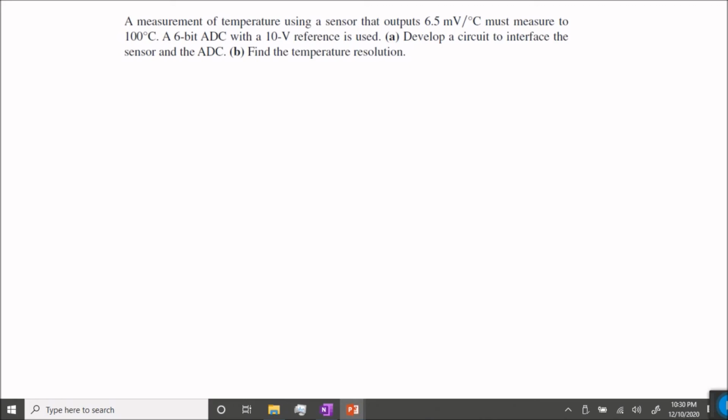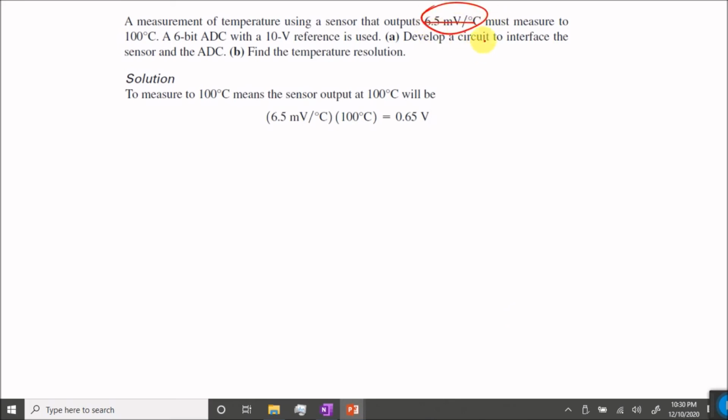Now here is a trick to develop a circuit to interface the sensor and the ADC. The sensor outputs this much voltage and it must measure up to 100 degrees centigrade. So 6.5 millivolts into 100 is 0.65 volts. So this is the maximum V out of the sensor. But what is the maximum V in of the ADC, 6-bit ADC?